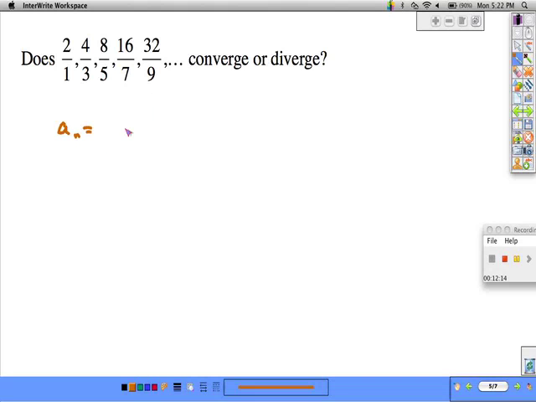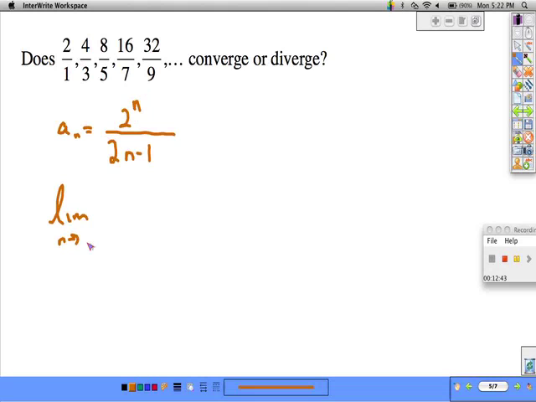And a rule that we could write is that the numerators are all powers of 2. 2 to the first, 2 squared, 2 cubed. So the numerators are 2 to the n. The bottom are odd numbers. And the way we write an odd number is 2 times n minus 1. And we can check that with 1, 2, 3, 4, and 5 for n, and we generate these terms.